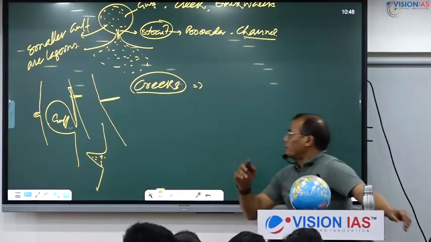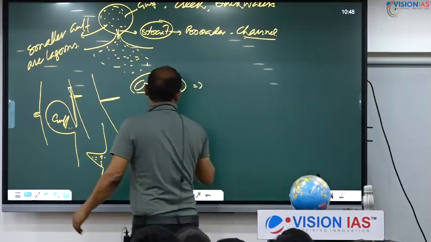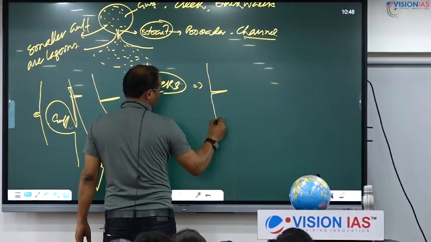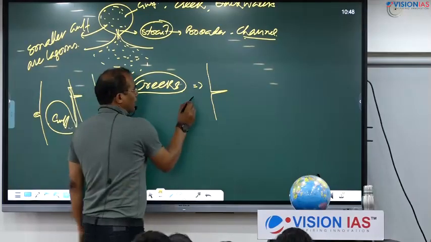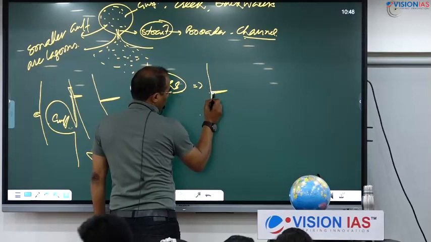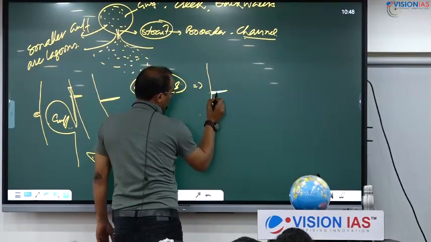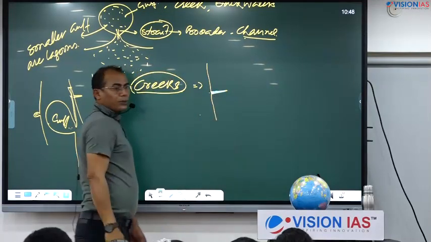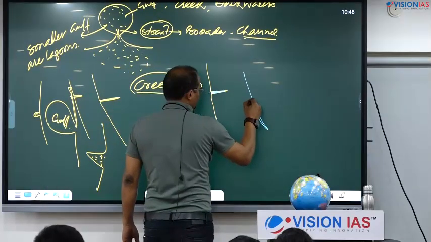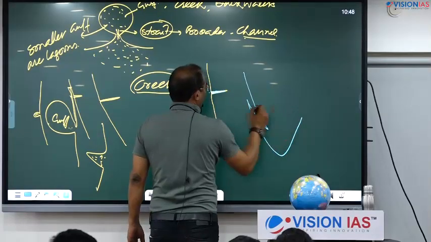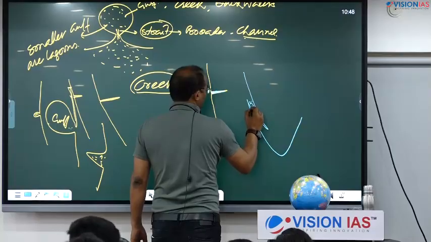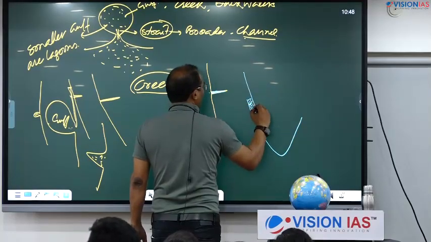Now creeks and backwaters, right? So creeks are perpendicular to the coast, this way. A narrow intrusion of water into the continent, perpendicular to the coast. It's called a creek. And these are backwaters, parallel to the coast.